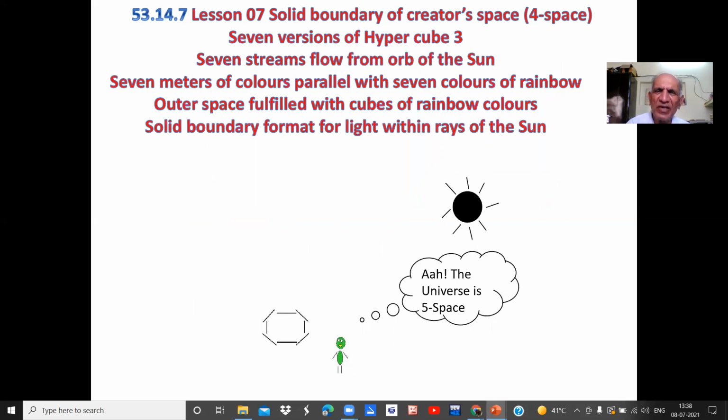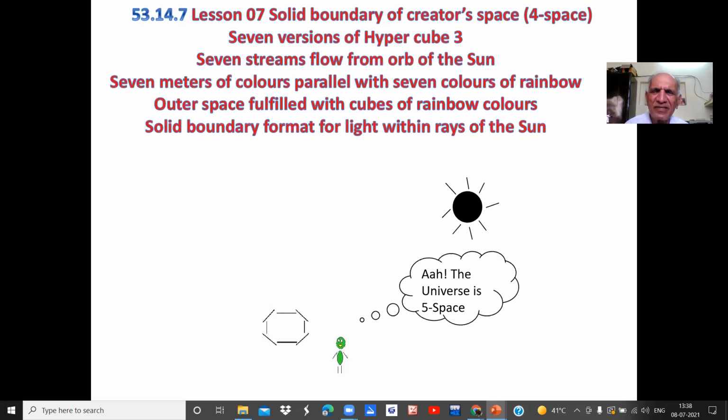These features will bring us face to face with 7 versions of hypercube 3. Further, it will bring us face to face with 7 streams flow from orb of the sun as a seat of 7 space. This will further take us to 7 meters of colors parallel with 7 colors of rainbow.